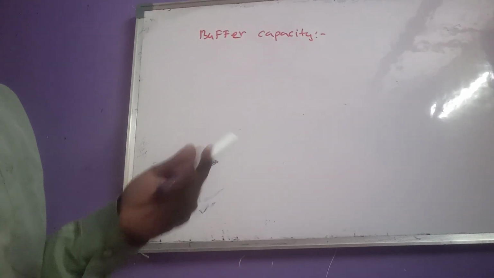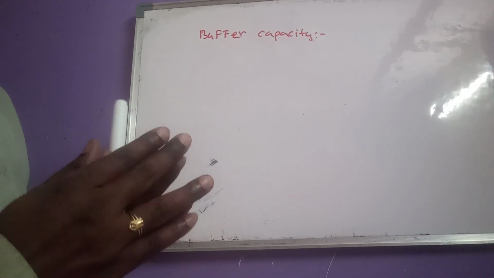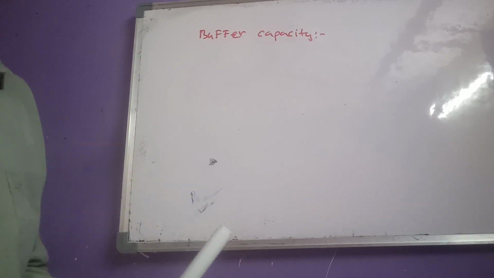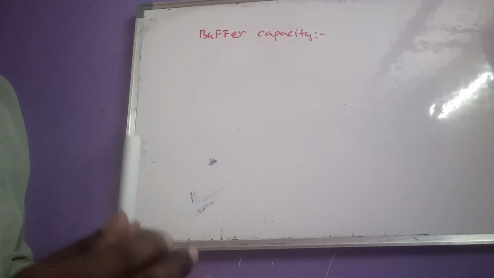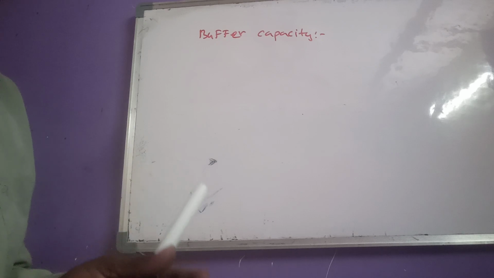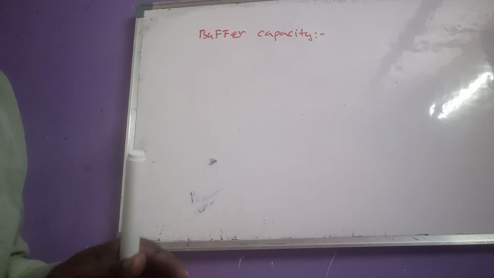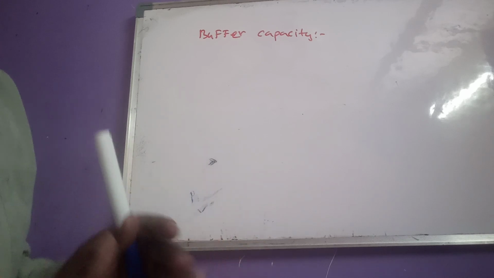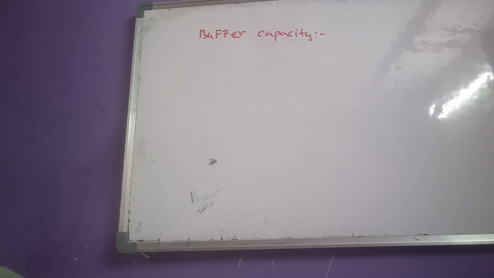If we add excess of acid or base, there is an observable change in the pH value. That means buffer solutions resist the change in their pH value by the addition of acid or base only to some extent. Later, they also show a change in their pH value.